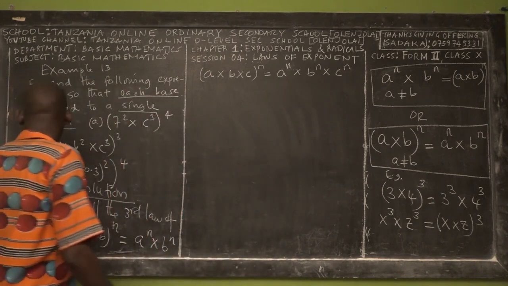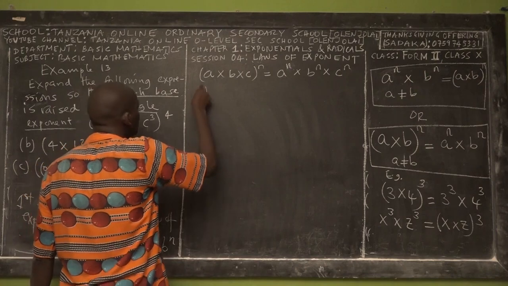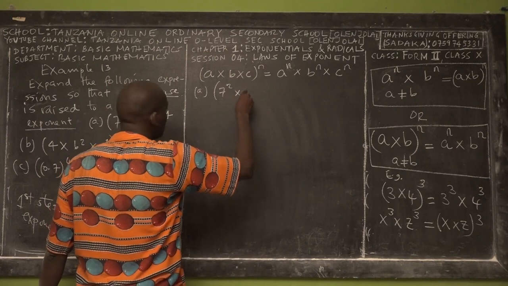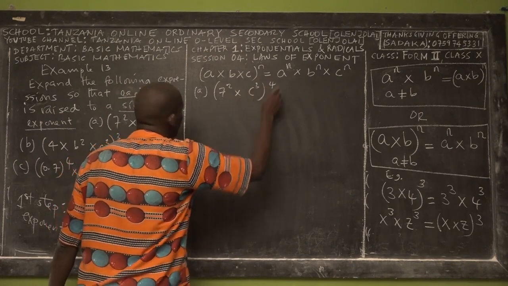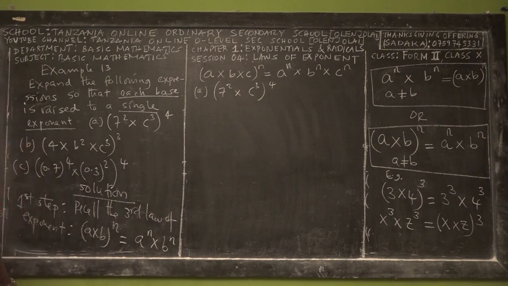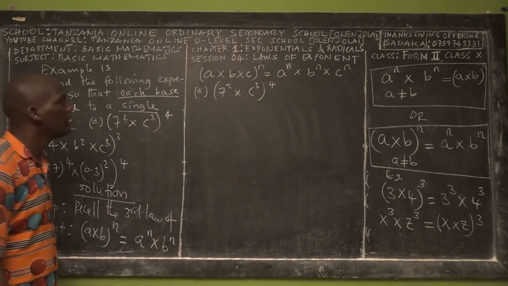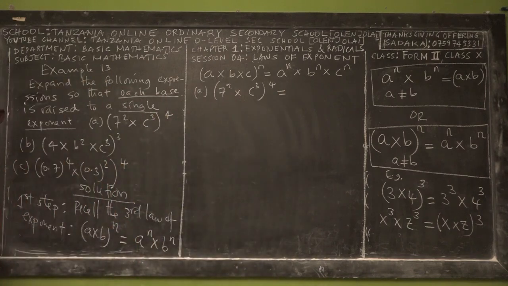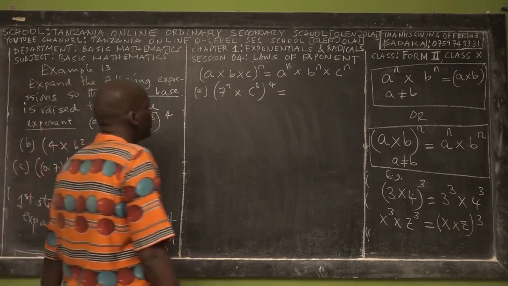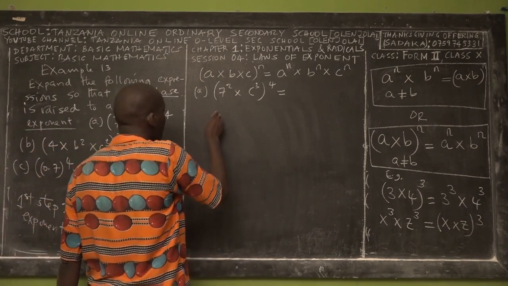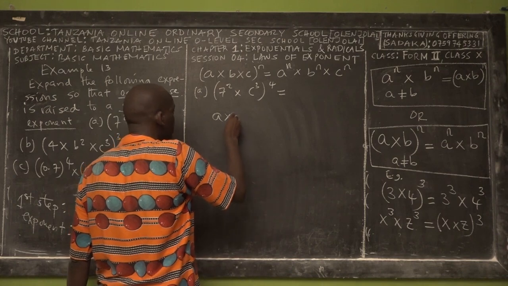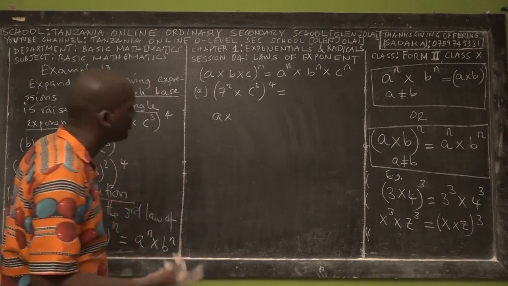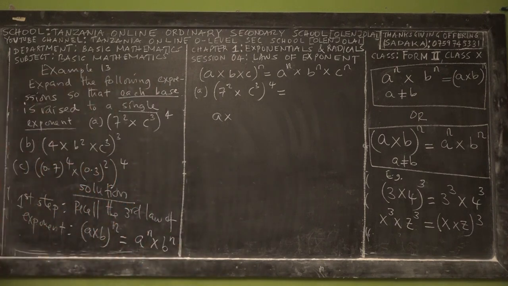Right? Yes. So if we go for Roman A, we have 7 power 2 times c power 3, all to the power 4. Listen carefully. Here we have to be careful because we are also going to refer to the second law of exponents. So how many exponents do you have there? 2. First, we have a power with a certain exponent, and then we have the outside exponent.